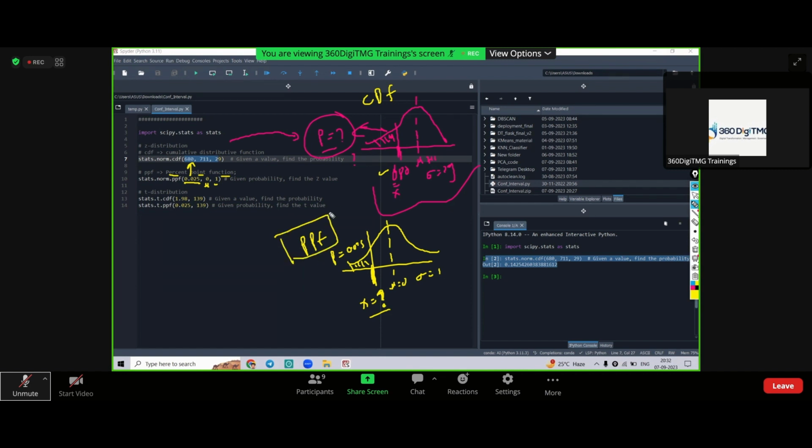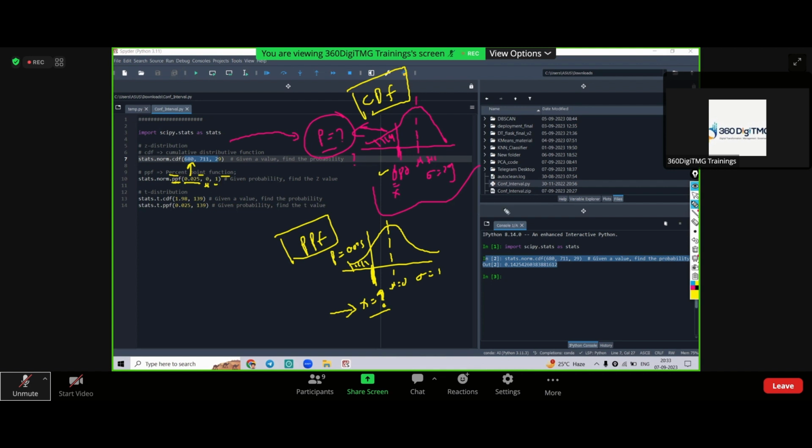So this part is called PPF, this is called CDF. Given a probability, if you want to find out this point, you need to use the PPF function. If you want to calculate probability given x, you will be using the CDF function, cumulative distribution function.